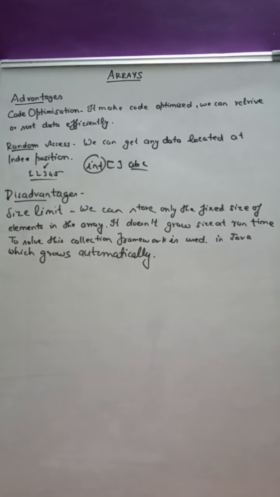So random access of an array is possible through the index number. Just provide the index number and you can use the array element according to the index number we have called from the array. So this is one of the major advantages of having an array.